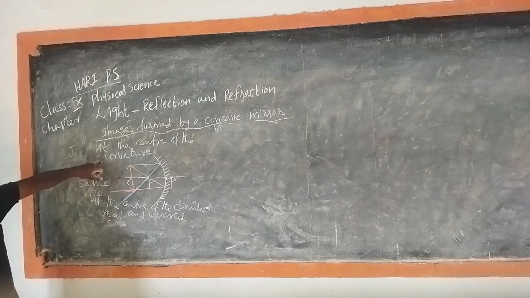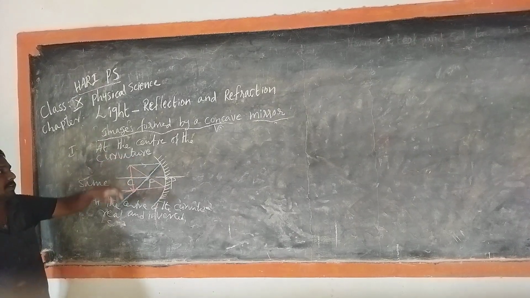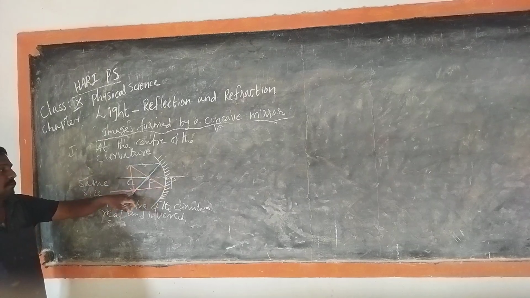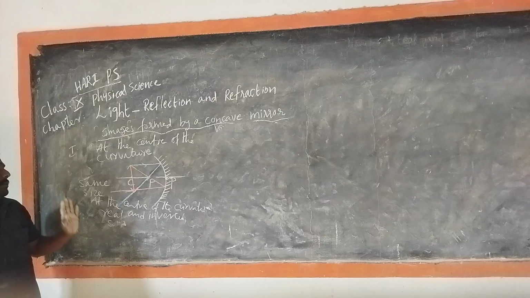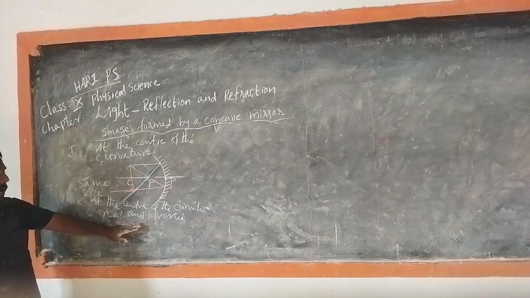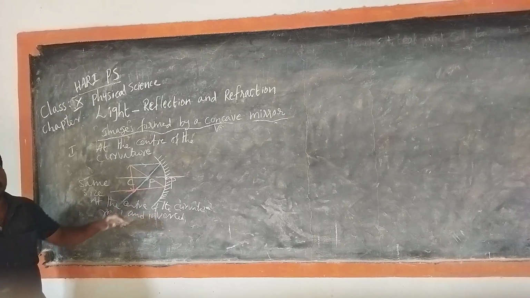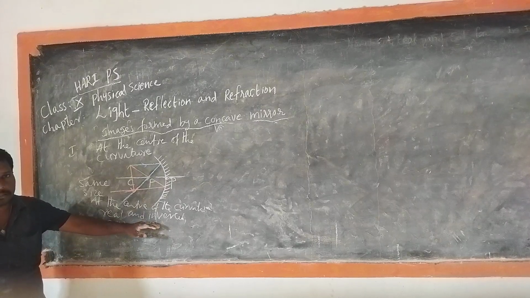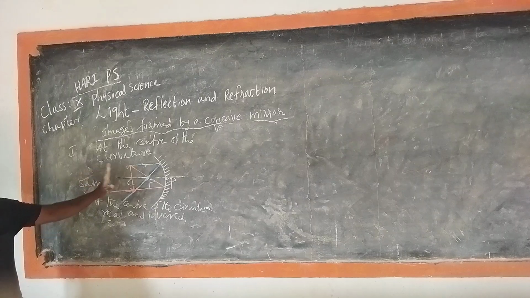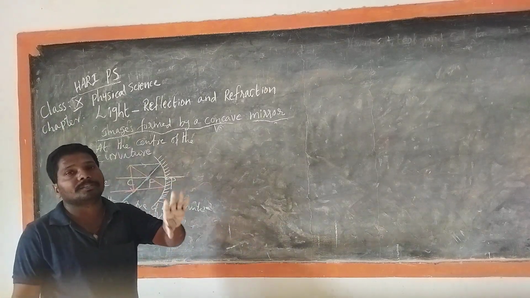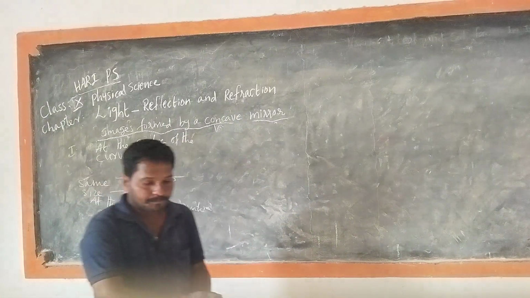So if the object is placed at the center of curvature, the image is formed at the center of curvature, and the characteristics are a real and inverted image. The size of the object is equal to the size of the image.